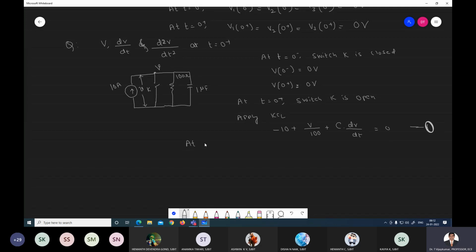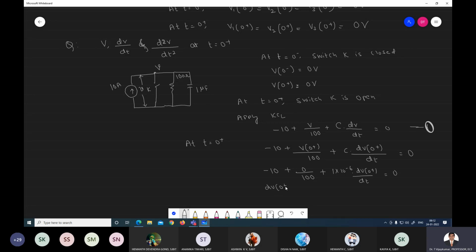Now at t equal to 0 plus, this becomes minus 10 plus V of 0 plus divided by 100 plus C into dV of 0 plus divided by dt is equal to 0. This is minus 10 plus V of 0 plus, which is 0, by 100 plus C, which is 1 microfarad, into dV of 0 plus by dt is equal to 0.